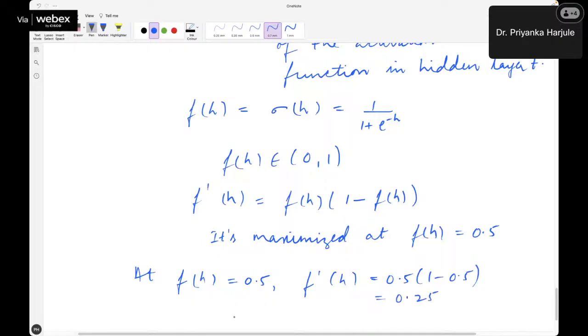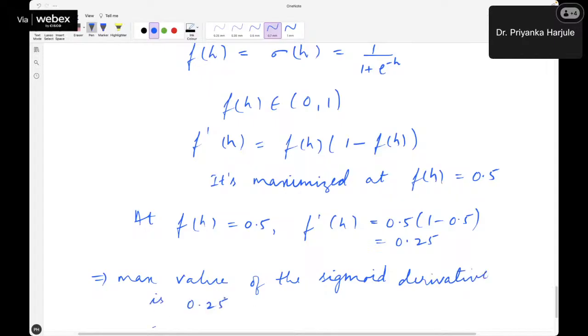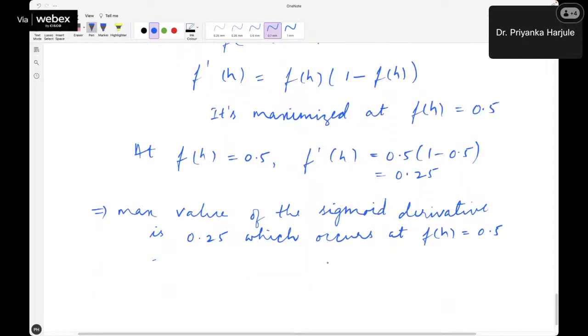Okay, so the maximum value of the sigmoid derivative is 0.25, which occurs at f of h equal to 0.5, that is, h equal to 0.